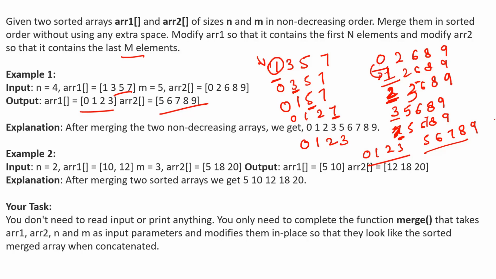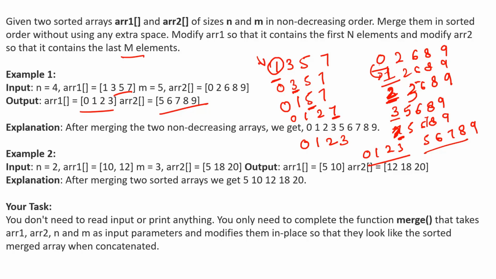Right? So the logic in this question was that we'll be comparing one by one the ith element of ARR1 to the first element of ARR2. If the current element in ARR1 on which we are is greater than the 0th element of ARR2, we are going to do the swapping.